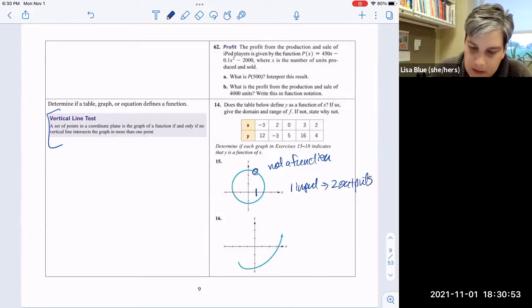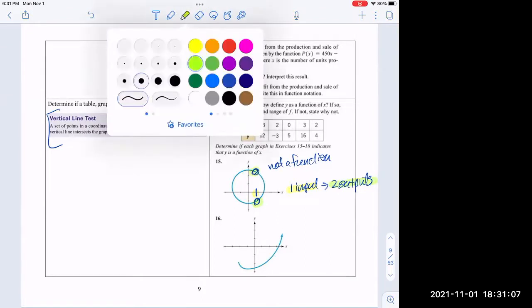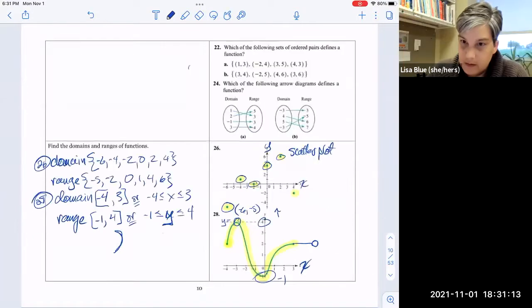It maps to here and here. So this is my input and here are my outputs. Does that help? Yes, it does. Awesome.